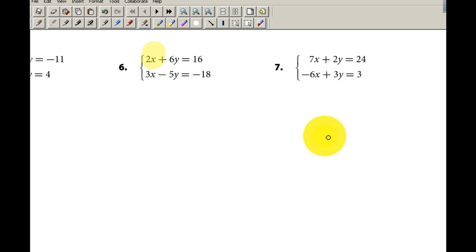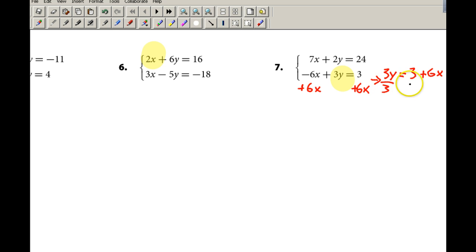What about number 7? Which one would we want to go with? Bottom one for y, right? Because 3 goes into negative 6 and 3 goes into 3. Okay, so we'd end up adding 6x to both sides. So we have 3y would equal 3 plus 6x.